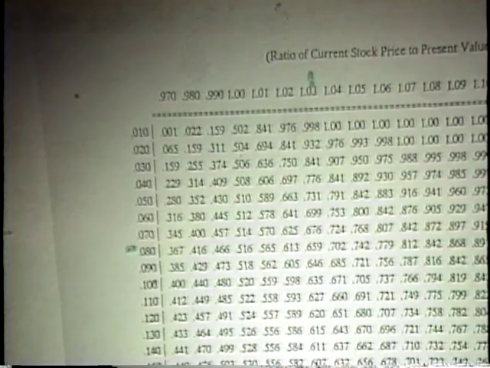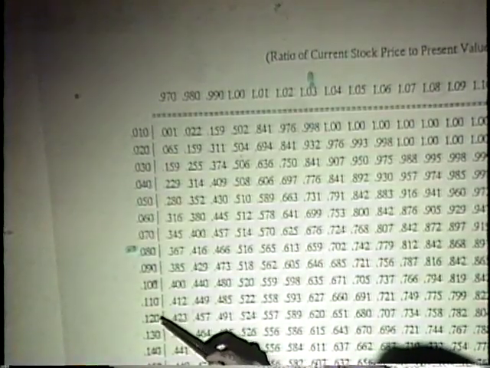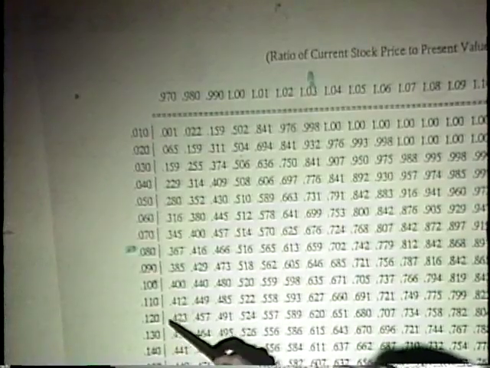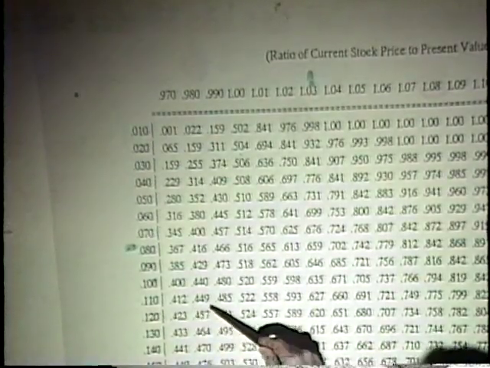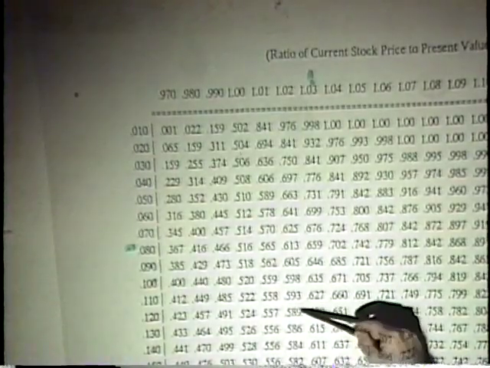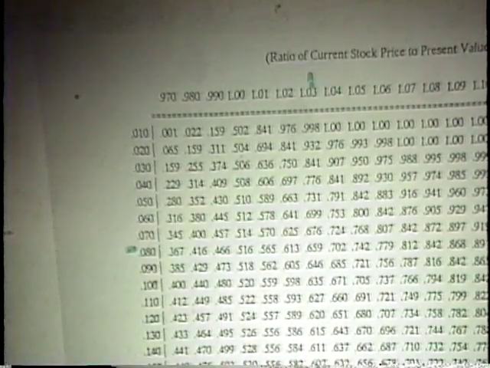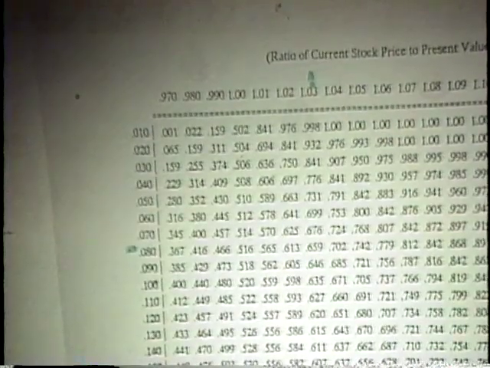Okay, so 1.02, 0.123, right there, and 0.02, so we're in this cell right here. Interpolate, and I say approximately 0.6. So what does that mean?